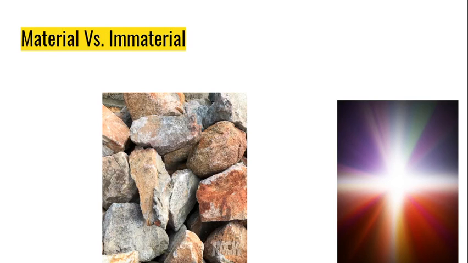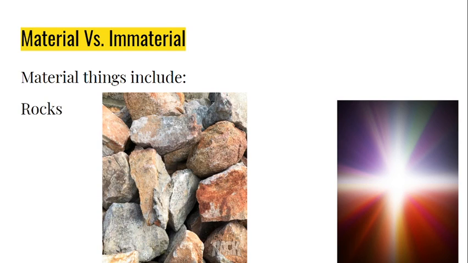Now, we get into this very interesting idea of the material versus the immaterial. And so there are some things in the world that are physical, tangible, things you can touch. And there are some things in the world that are not physical, are not tangible. You cannot touch them. However, they are just as real as the material things. Let's talk about this here. Now, material things include stuff like rocks, very easy to touch, fish, the wind.